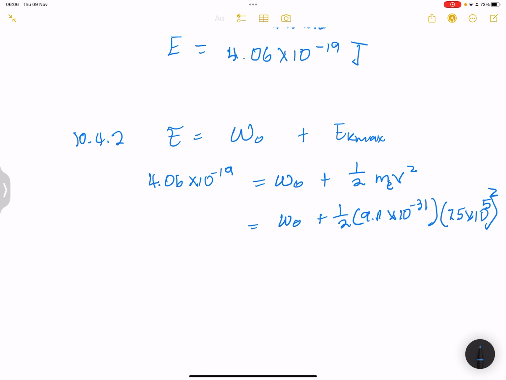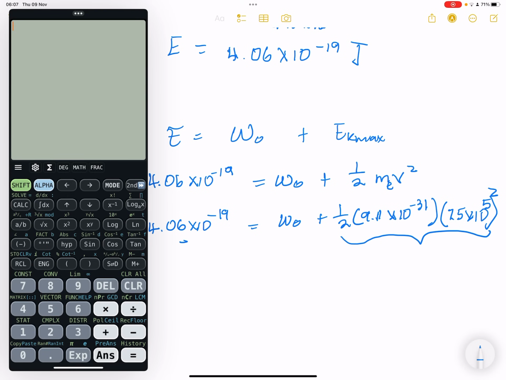This is going to be equal to 4.06 times 10 minus 19. So all I'm going to do is take this entire thing to the other side. It becomes negative, and I'm going to subtract it from 4.06. Let's do this in the calculator, exponent minus 19, and I'm going to subtract that entire expression.